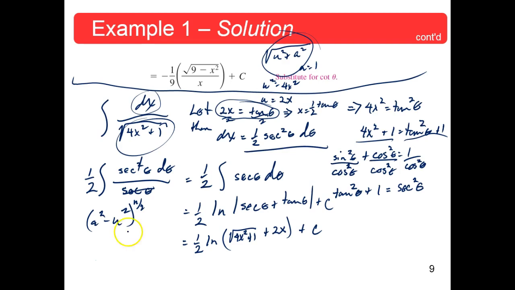But if it's n over 2, that's simply the square root of a squared minus u squared raised to the nth power. Or you could have made the argument down here raised to the nth power. One or the other, it doesn't matter which. Usually better to put the n on the outside there. And the reason they mentioned this is that's what we're going to do next. Okay? We'll proceed with that.